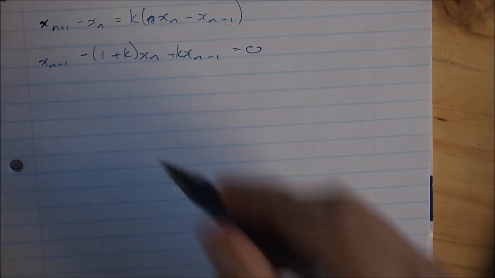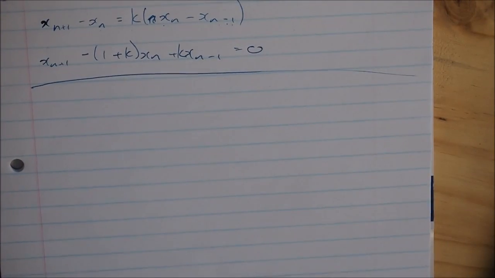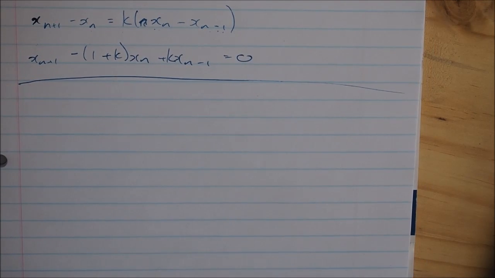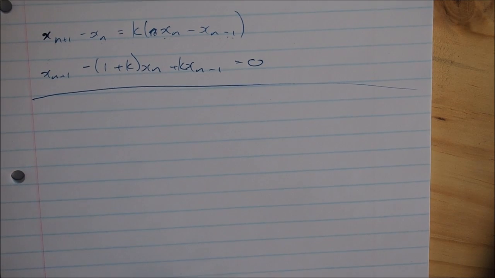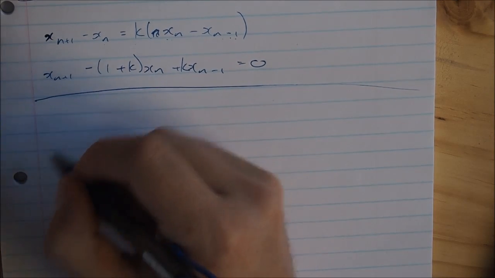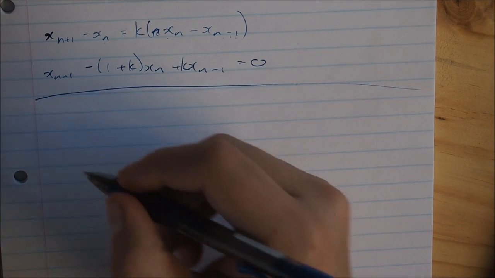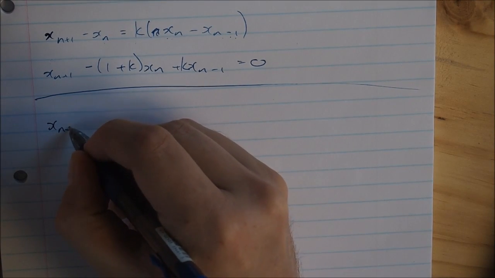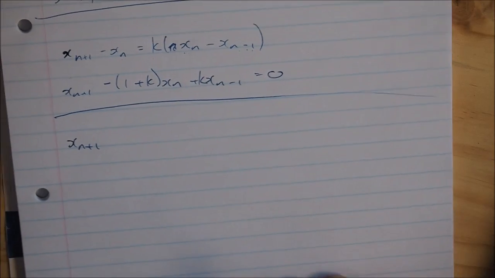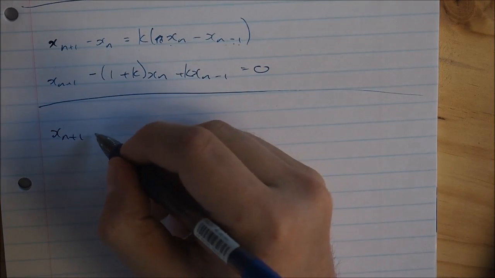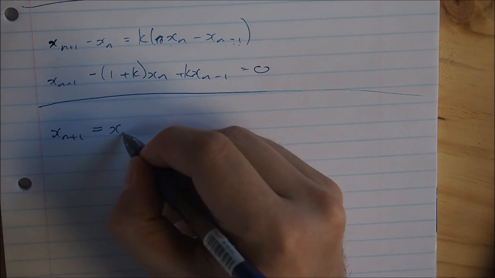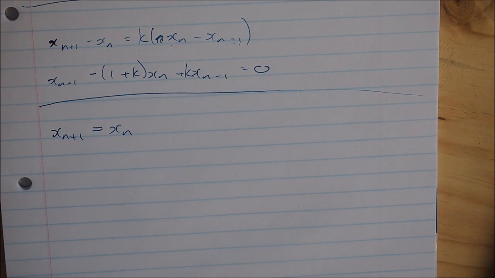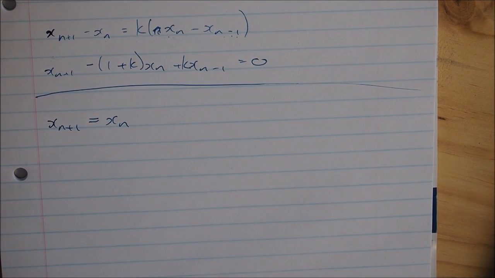So the next problem says, in a species of animal, a constant fraction alpha of the population are born each breeding season and a constant fraction beta die. So we're trying to model some population of animal, and the number of animals at the next breeding season, or year, or month, is going to be equal to how many animals we have at the beginning of the year.